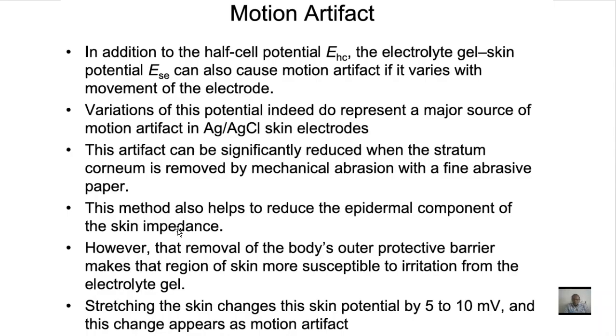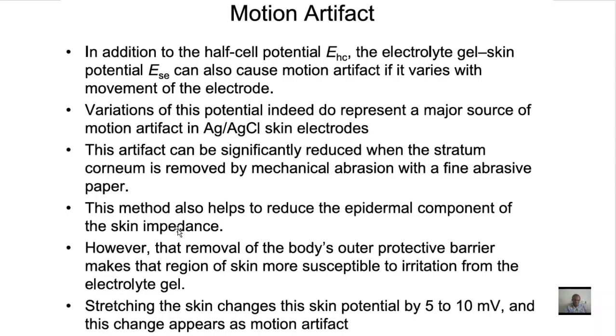Variations of this potential represent a major source of motion artifact in silver chloride skin electrodes. This error can be significantly reduced when the stratum corneum is removed by mechanical abrasion with a fine abrasive. This method also helps to reduce the epidermal component of the skin impedance.